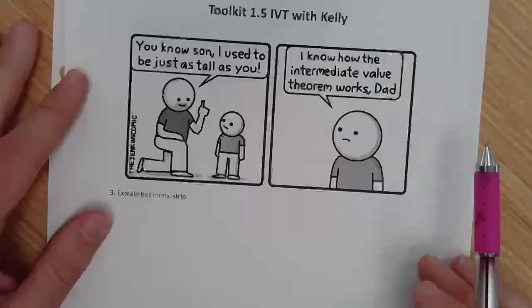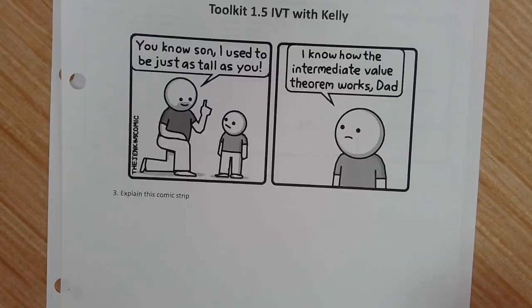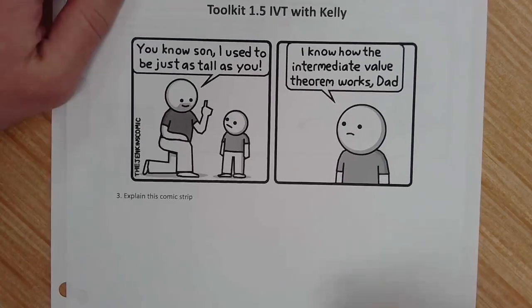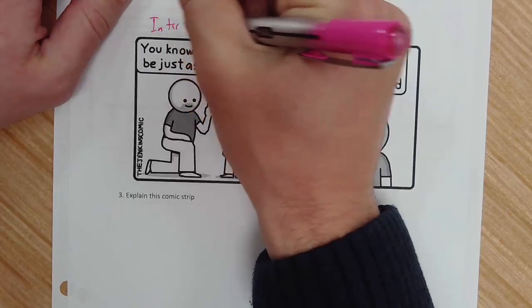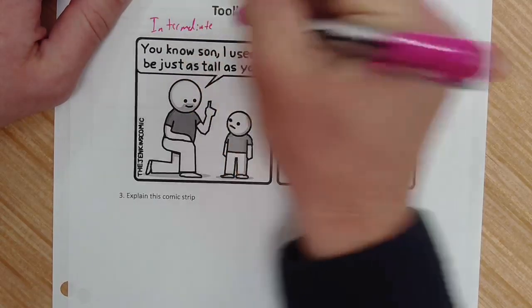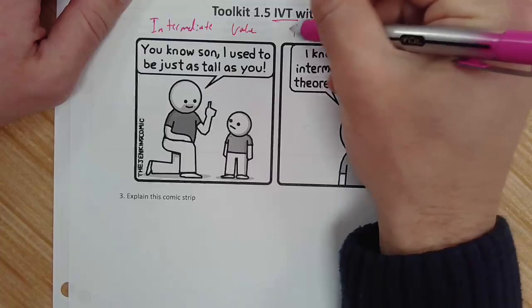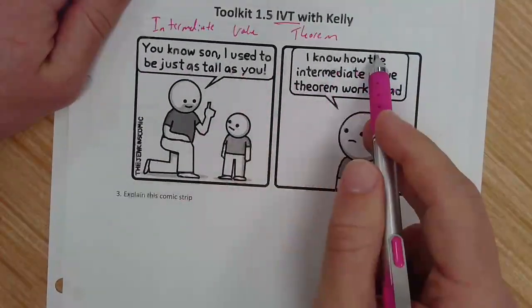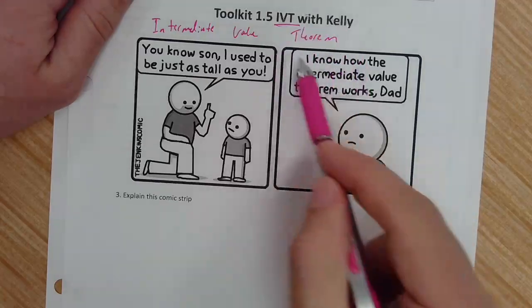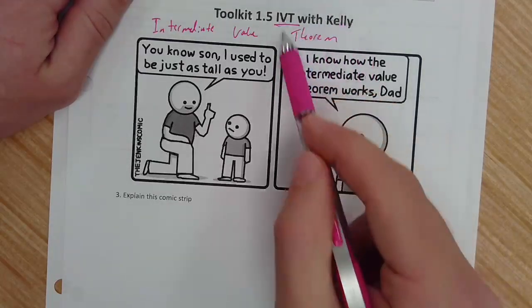So the second part of today's lesson, first part is defining continuity. The second part is called the intermediate value theorem. That's what IVT stands for. Intermediate value theorem. So let's think about what these words mean. Theorem, you have an idea. It's kind of like a rule, right?